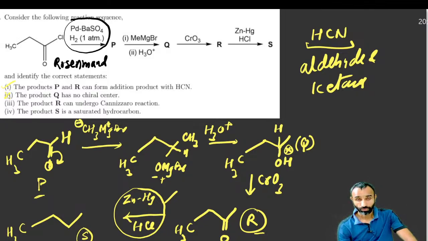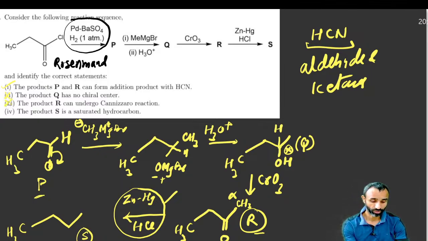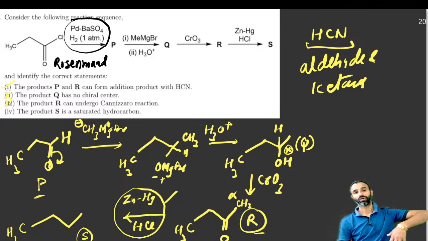Third, product R can undergo Cannizzaro reaction? Product R, no, because it has alpha hydrogen. It has alpha hydrogen, so it cannot undergo Cannizzaro reaction. That means third is incorrect. Aldehydes or ketones having no alpha hydrogen.